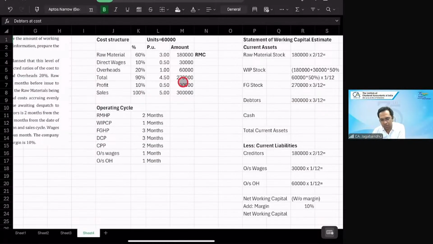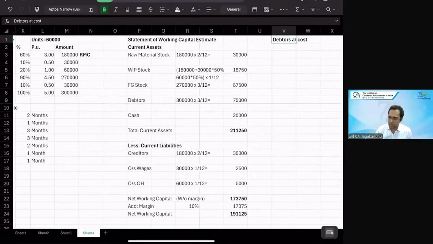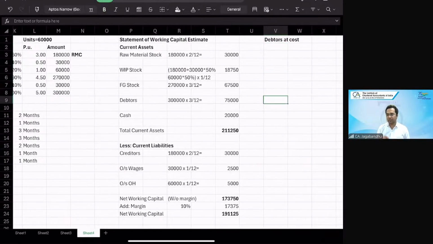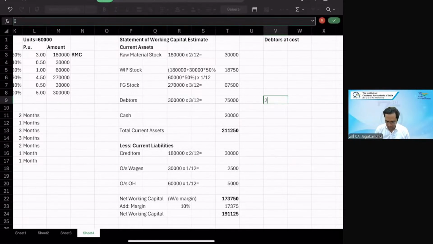So this includes a profit margin of 30,000. That profit margin of 30,000 will be your profit only if you are going to realize it, right? So therefore, most of the times we calculate the debtors at cost. And due to that, the value of debtors is going to be a bit different. Instead of taking the full sale value, we'll take the cost of sales.